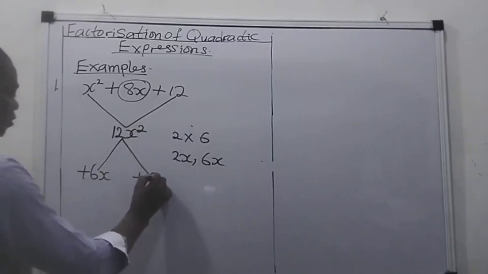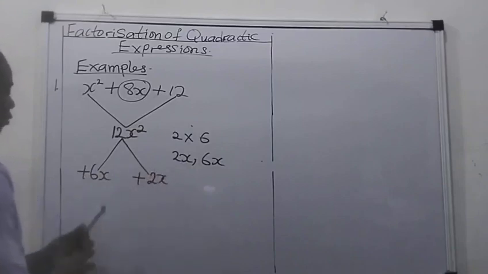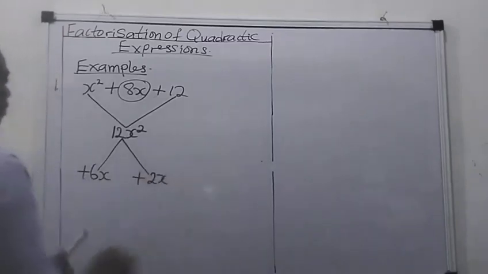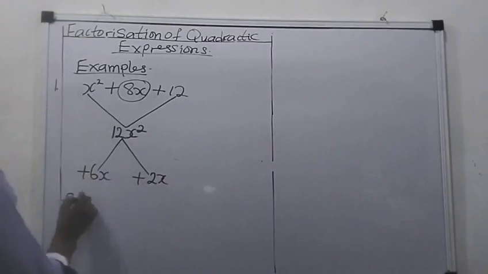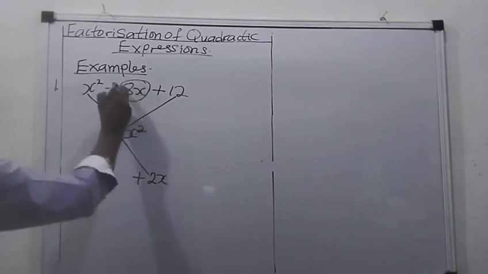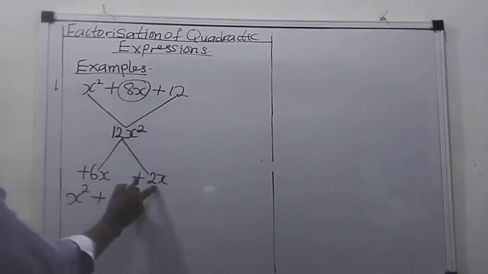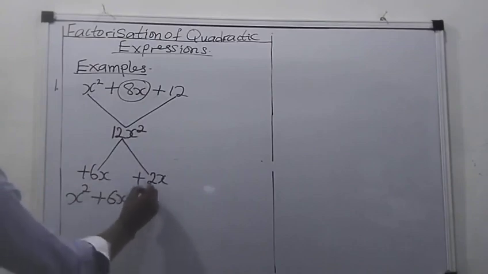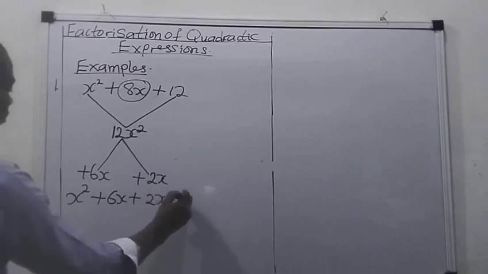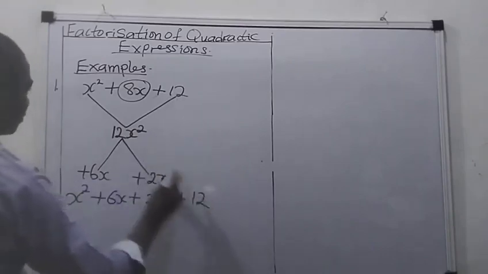So we now write x squared, and instead of 8x, we write plus 6x plus 2x, then plus the constant 12.